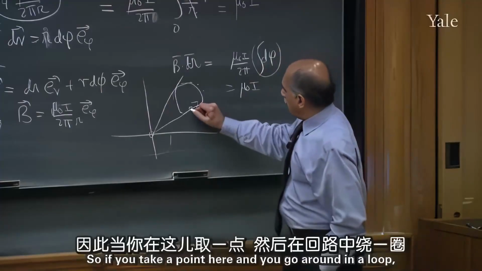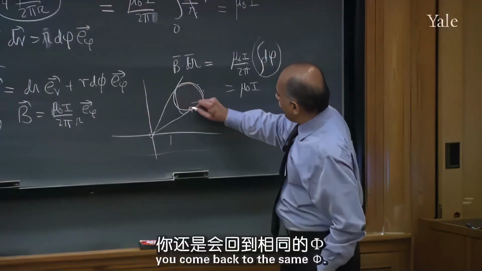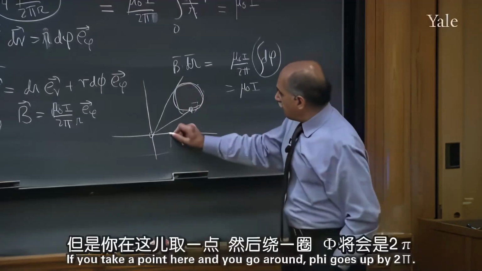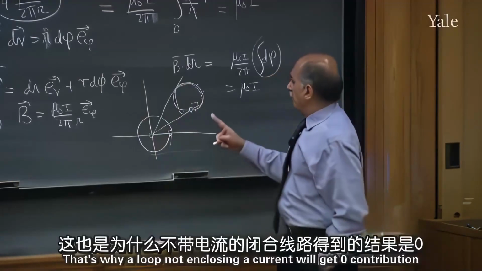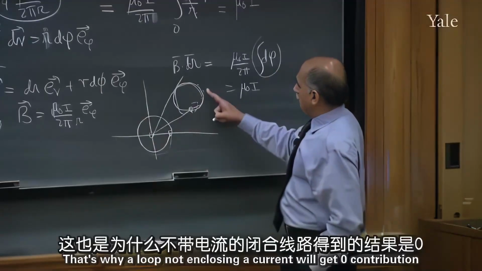So if you take a point here and you go around in a loop, you come back to the same phi. If you take a point here and you go around, phi goes up by 2 pi. That's why a loop not enclosing a current will get 0 contribution.